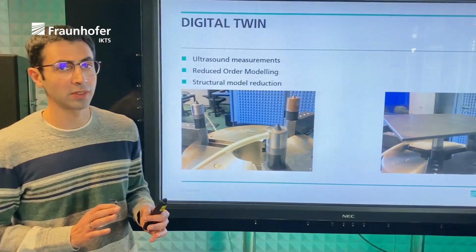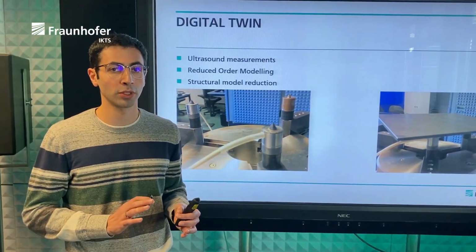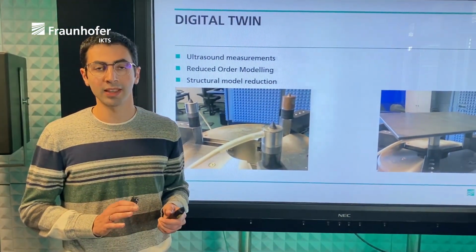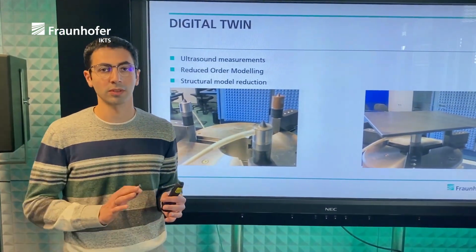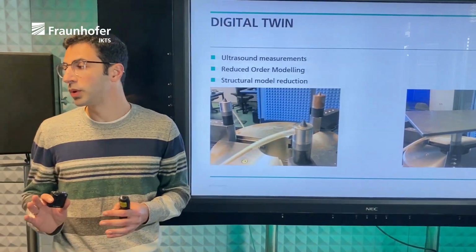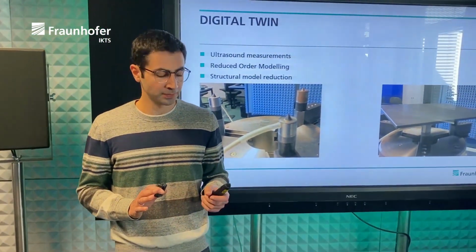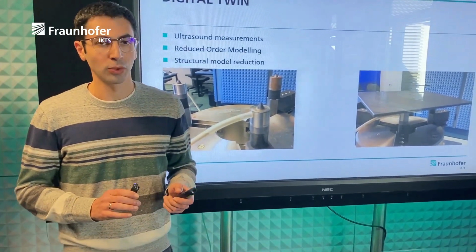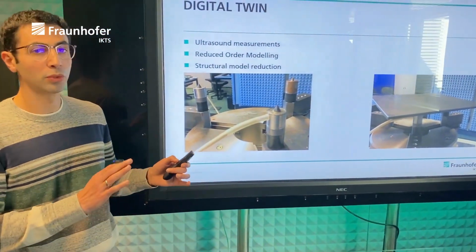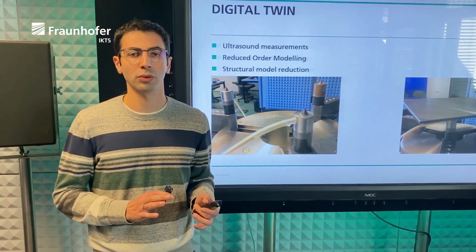For this purpose, we need very, very fast computer models. They should be as precise as the physical models that Sebastian just showed, and he showed a simulation of ultrasound wave propagation. But on the other hand, they have to be lightning fast. To achieve this, we use a method called reduced order modeling.